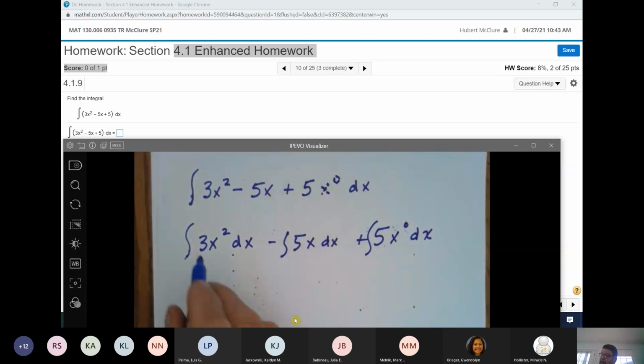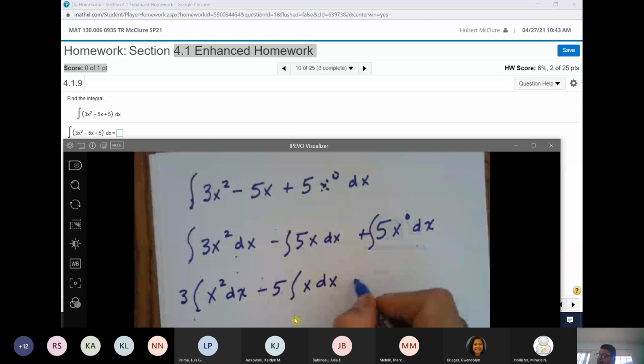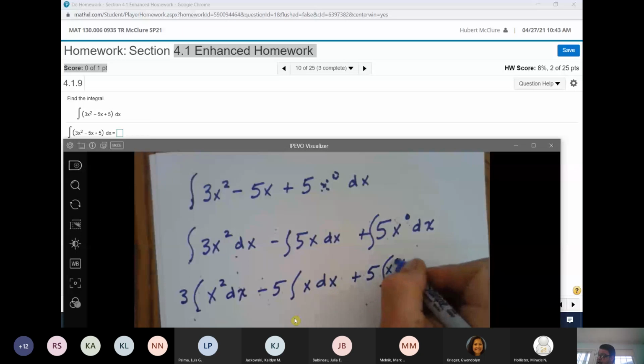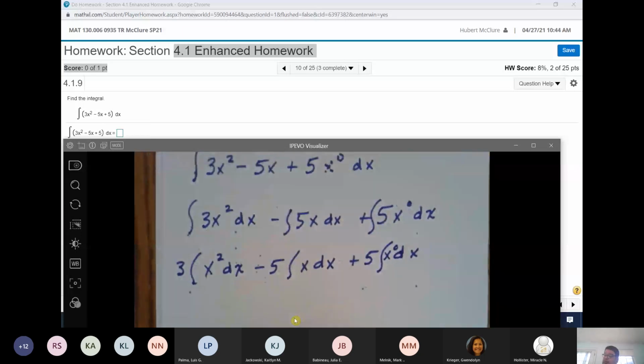And I'm going to pull this 3 out. X squared dx. And that 5x dx plus 5x to the 0 dx. All I did was pull out those constants.